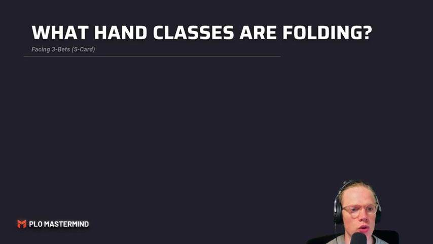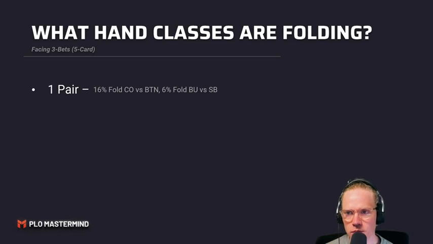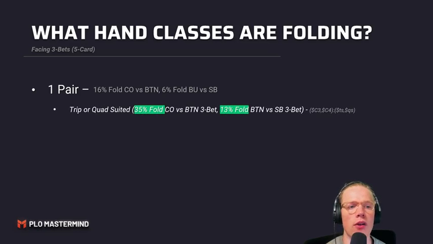And if we move on to our paired hands, you can see that, again, the pattern is consistent from before in that we are folding triple or quad suited hands a lot more. And we obviously can't have monotone suited hands when we have a pair. But there's still a lot of folding with this hand class for the same reasons as we mentioned before.